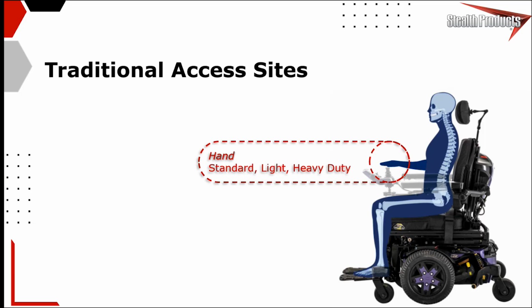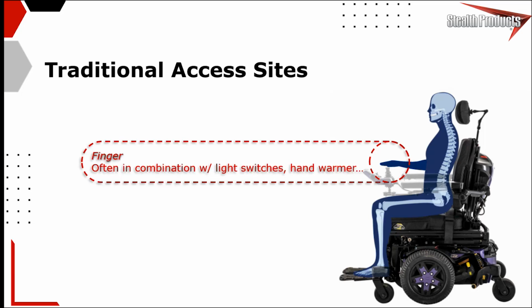When we move into fingertip, right? So when a client lacks the function or endurance in the whole hand, we can maybe possibly move to a finger. And when we look at using the finger for drive control access, that could be an ultralight joystick, switches, sensors, things like that. But if we have a client, for example, maybe with multiple sclerosis, right?